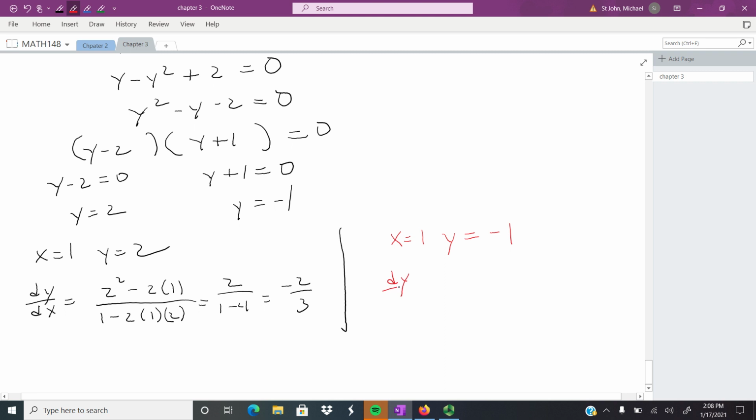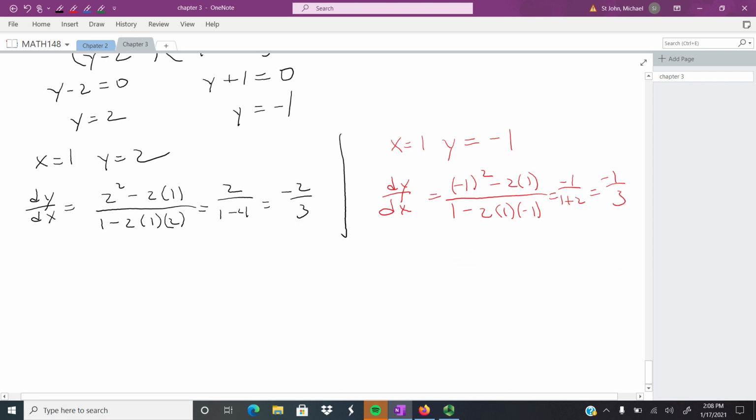And so now dy dx, we plug in and get negative 1 squared minus 2 times 1 over 1 minus 2 times 1 times negative 1, which is negative 1 over 1 plus 2, so negative 1/3. So now we can find our equations.